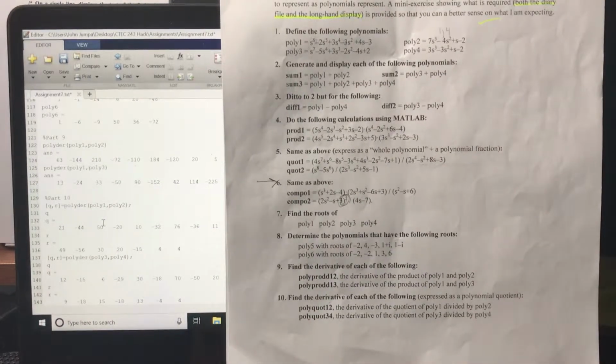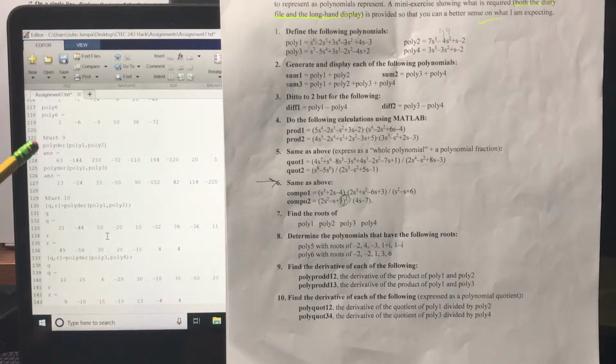And the last part, part 10. Find the derivative of each of the following. The derivative of the quotient of each of them. This time, expressed as a polynomial quotient. So it's a bit different now. You have to do a quotient.